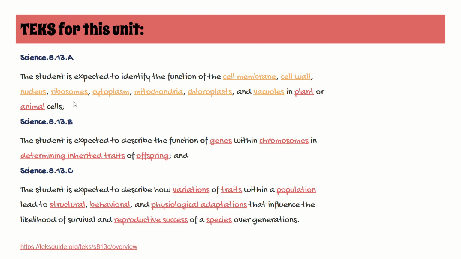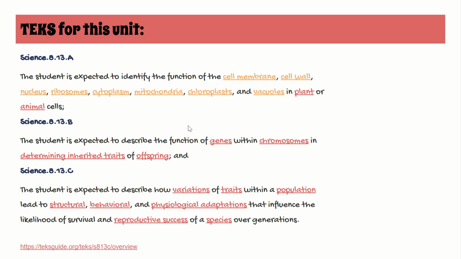So the TEKS that we're going to be focusing on today is Science 8.13a. The student is expected to identify the function of the cell membrane, cell wall, nucleus, ribosomes, cytoplasm, mitochondria, chloroplasts, and vacuoles in plant and animal cells. And then there will also be some more vocab that I will introduce.